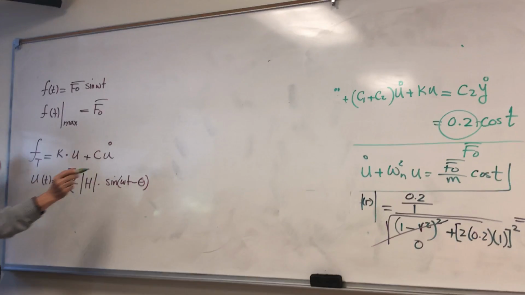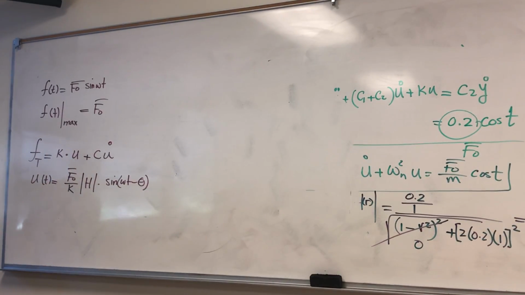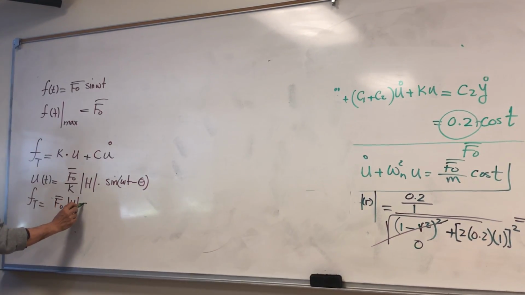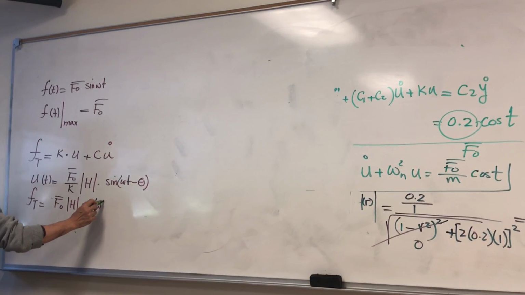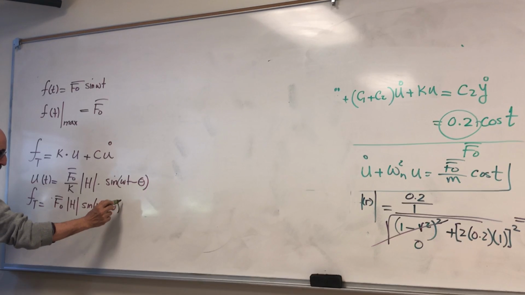You remember the solution to the damped oscillation under harmonic load, right? So if this is U, then the transmitted force would be K times this, so it would be F0 H sine of omega t minus theta, right?